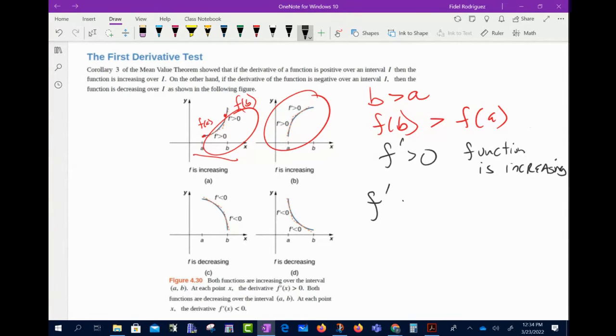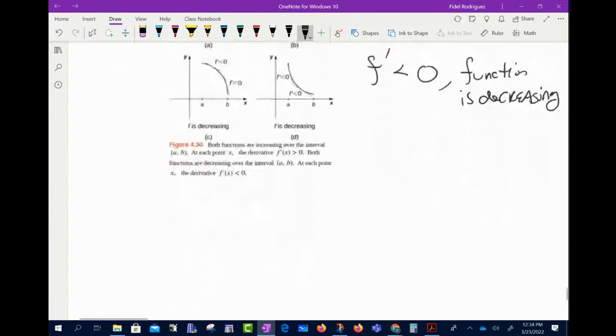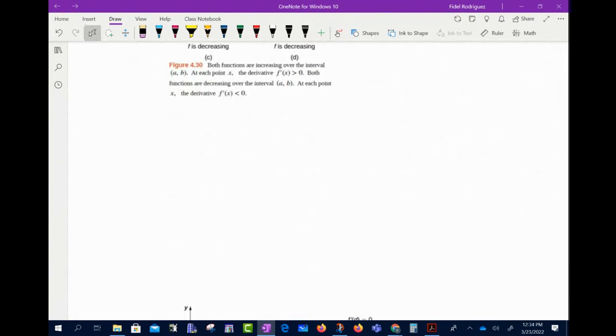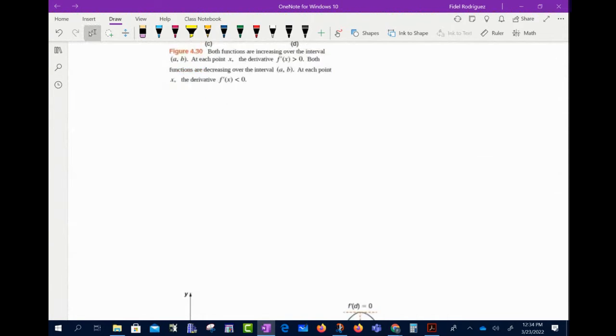When the first derivative is negative, then the function is decreasing, okay? That's what the first derivative test basically tells me. First derivative is positive, function is increasing. First derivative is negative, the function is decreasing, okay? So it says both functions are increasing over the interval. The derivative is positive.